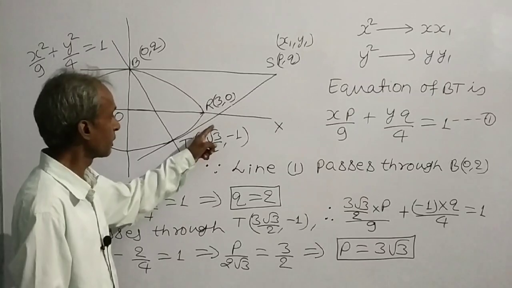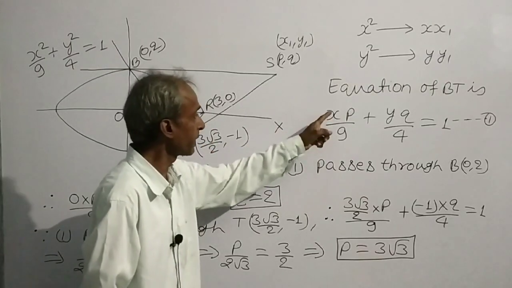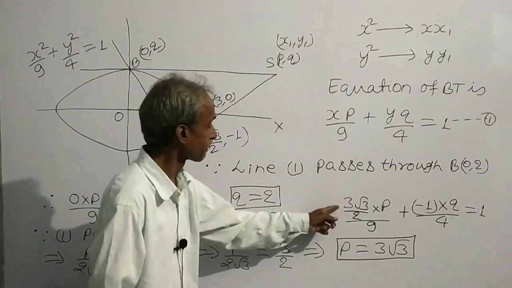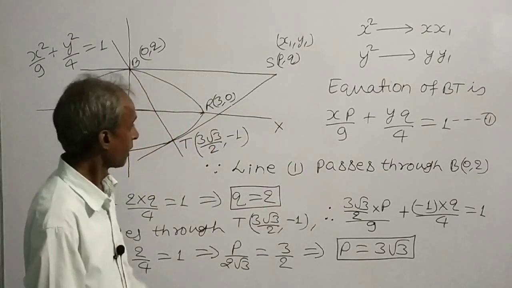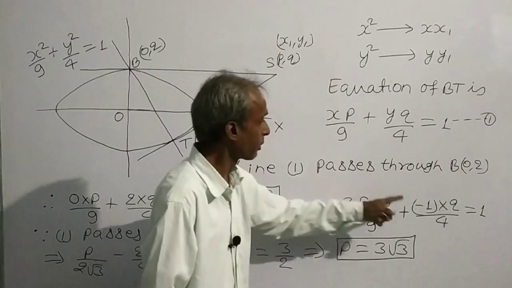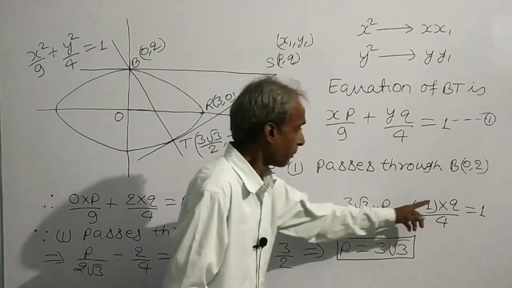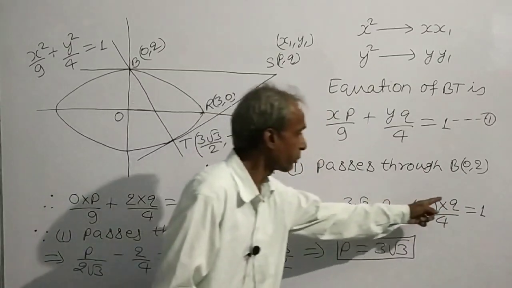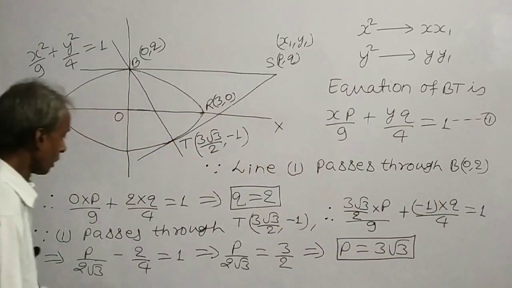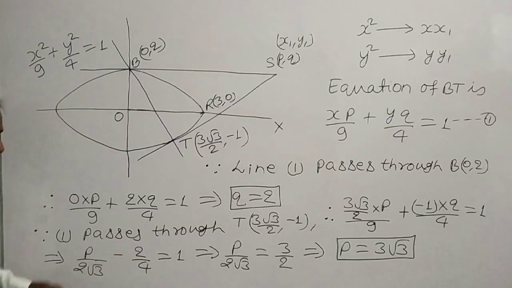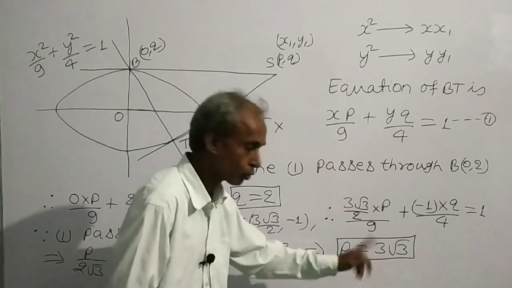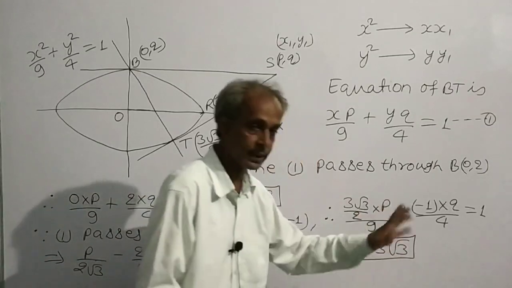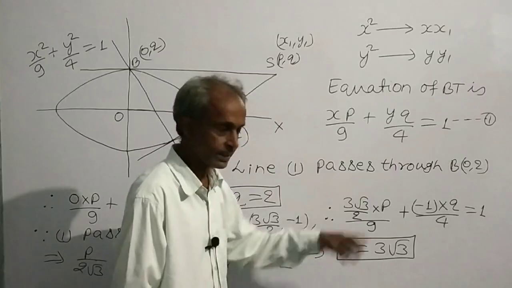Therefore we write 3√3/2 in place of x, -1 in place of y. But value of q is 2, therefore in place of this q we write 2 and simplify it to get value of p as equal to 3√3. Now solution is complete.